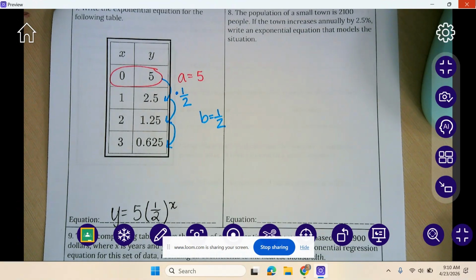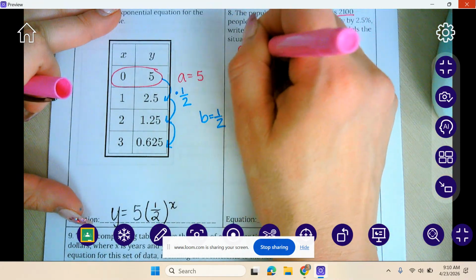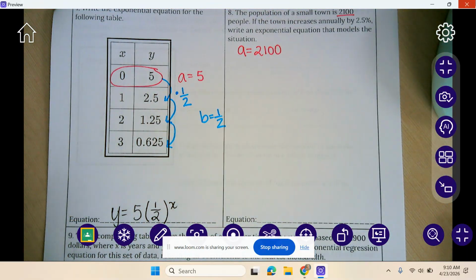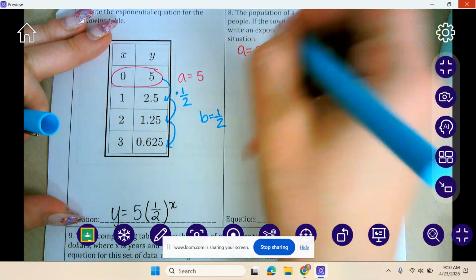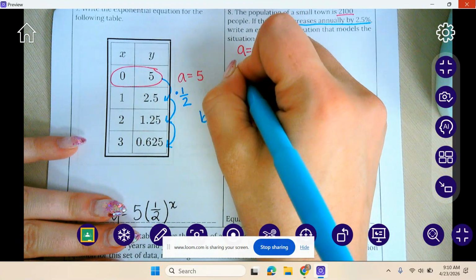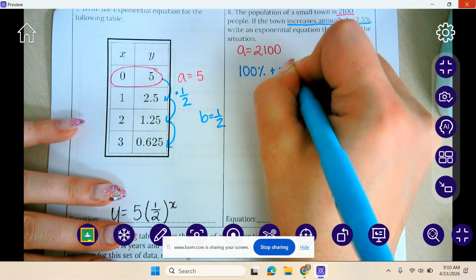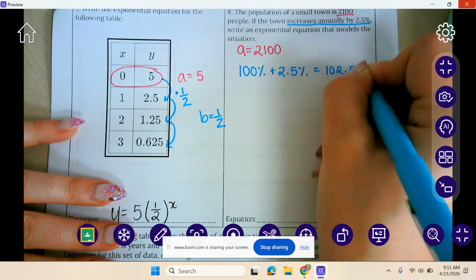So that's y equals 5 times 1/2 to the power of x. Okay, the population of a small town is 2,100, so that's our A value, our starting value. It increases annually by 2.5%. So am I going to add that to 100% or take it away from 100%? Add it to 100%. So 100% plus 2.5% gives me 102.5%.